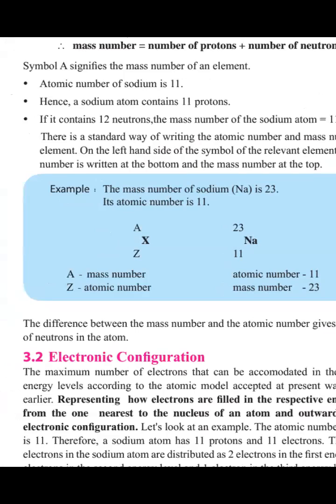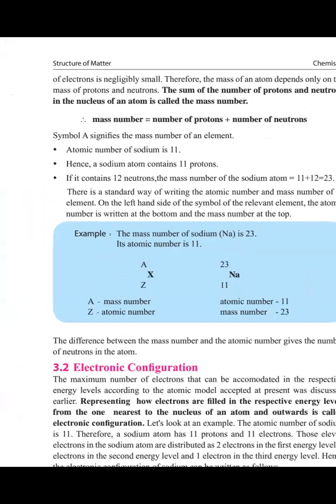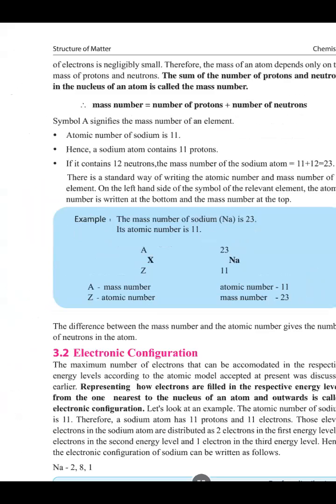So if you want to calculate the number of neutrons, how to do that? You can use this equation. Mass number A equals number of protons plus number of neutrons. Protons are 11 because that is equal to the atomic number. Then the number of neutrons you don't know. A you know. Mass number is given, 23.